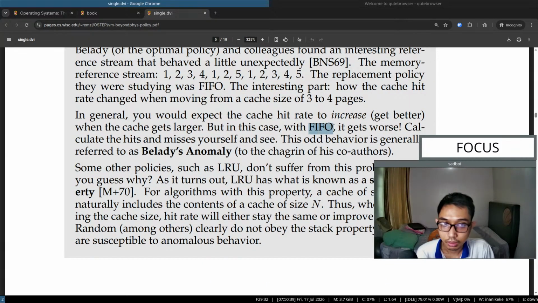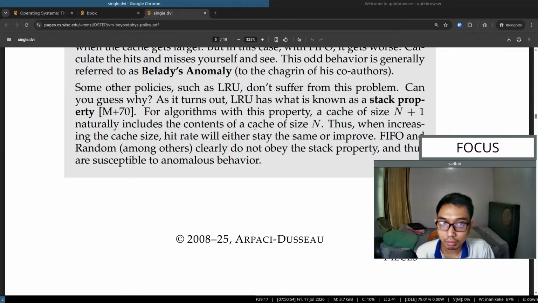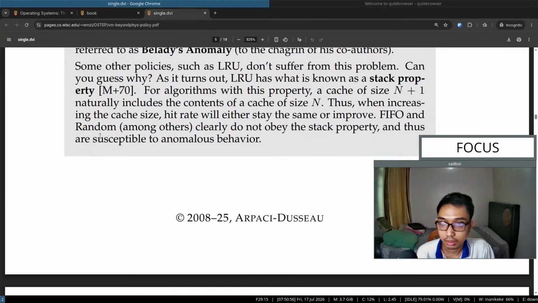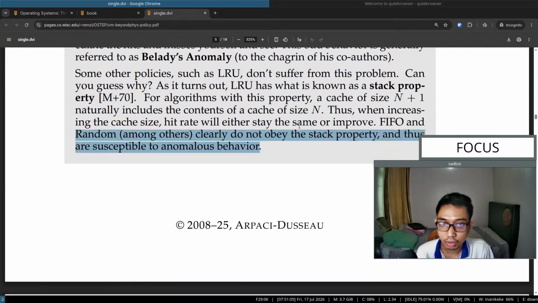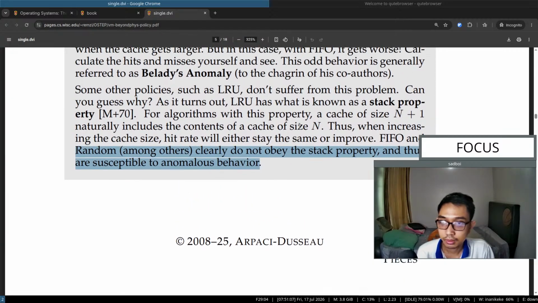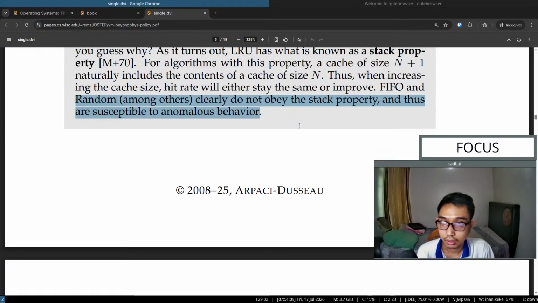The first in, first out might get worse depending on the sequence, right? If the cache size increases. And well, the random is also susceptible to anomalous behavior. Okay, something like that.